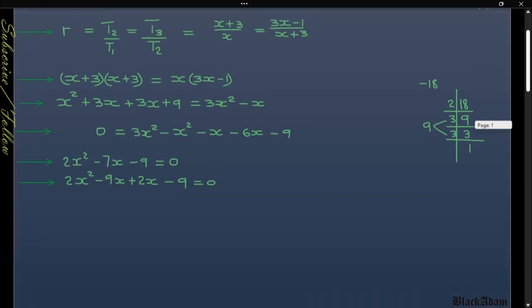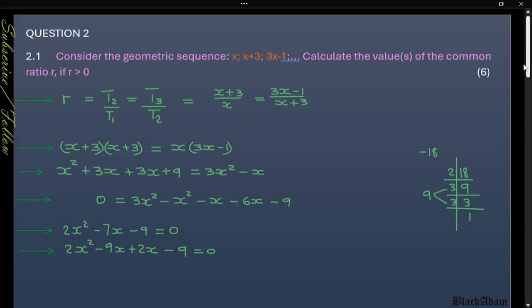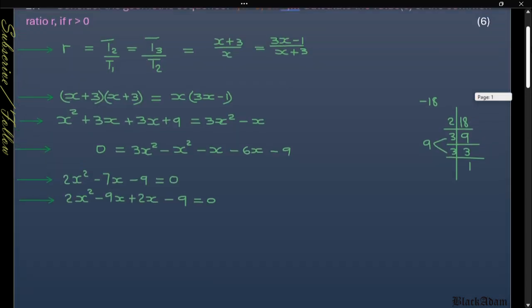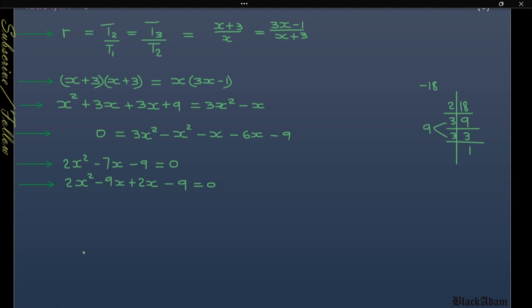We align them. We can see that 2x squared will match with plus 2x, and negative 9x will match with negative 9, so plus 2x, just interchanging 9 and 2, so that's negative 9x, negative 9 equals 0.